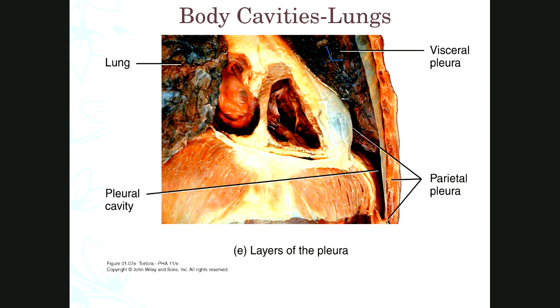The visceral pleura is that serous membrane right on the lung. The parietal pleura is this thin tissue on the outside here. And then in between the lung and the parietal pleura is that space that has the serous fluid.